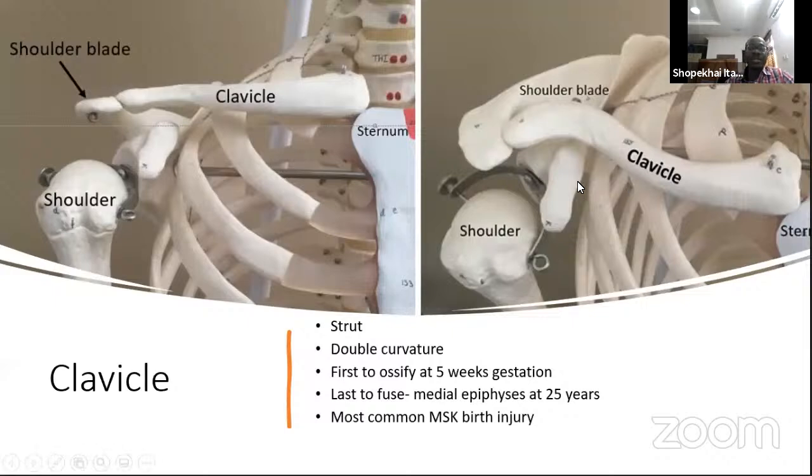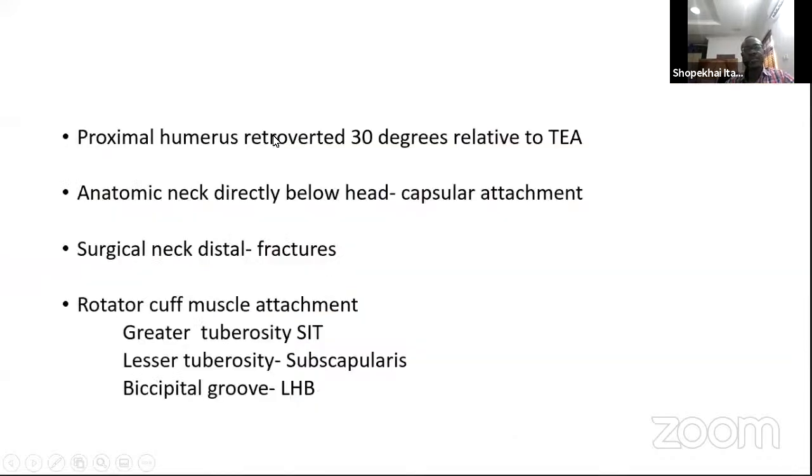It is also the most commonly fractured bone in musculoskeletal birth injury. We know that its articulation here at the acromioclavicular joint and its articulation here at the sternoclavicular joint ensures that it connects the two aspects of the human skeleton adequately.